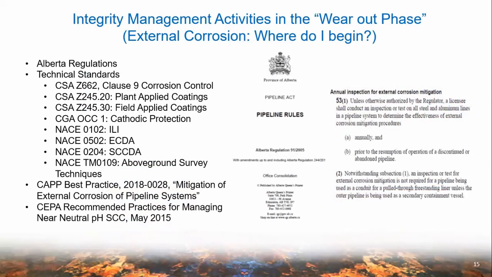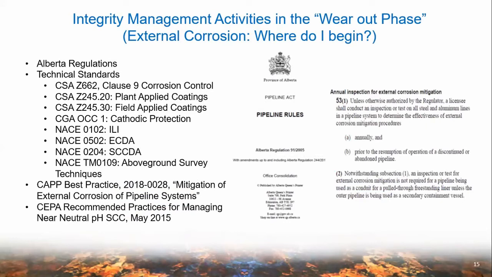The final risk we are going to discuss is external corrosion. Again, note that Alberta regulations require you to carry out annual inspection of external corrosion mitigation strategies. Time-tested and proven methods to control external corrosion are application of coatings backed up with application of cathodic protection.